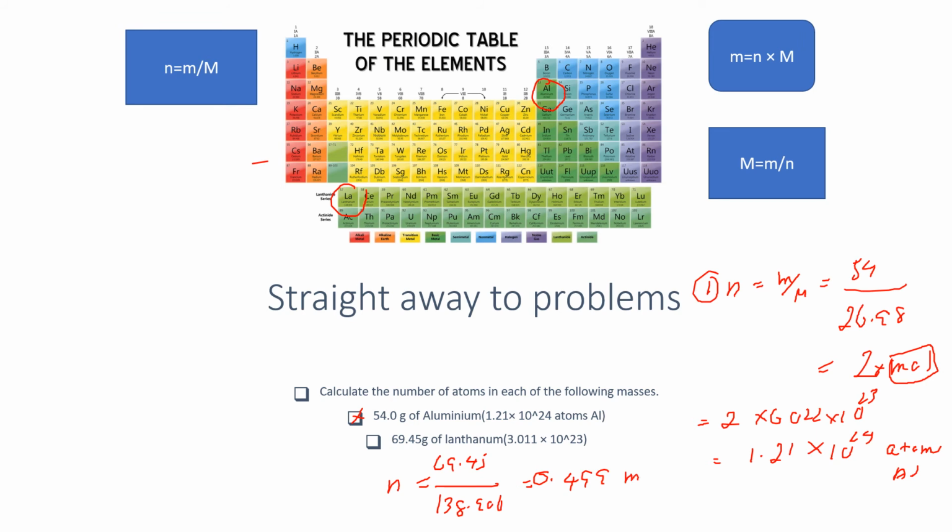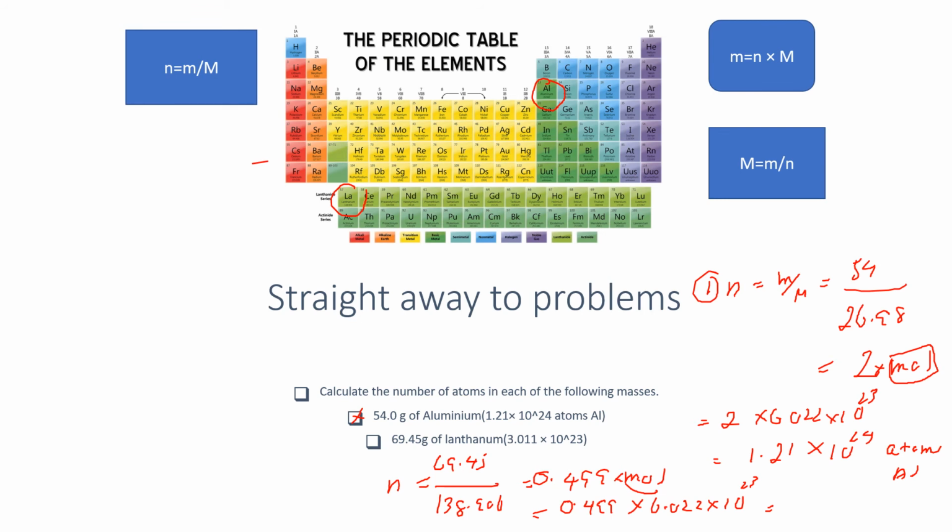0.499 moles. Now they are asking how many number of atoms. Therefore what we do, this is times here, 0.499 times this mole 6.022 10 to 23. So that means half of this number, because this is 0.5.